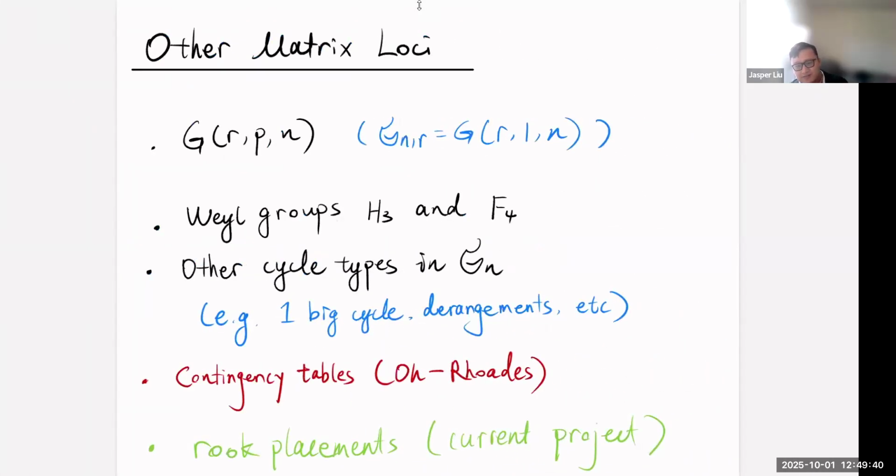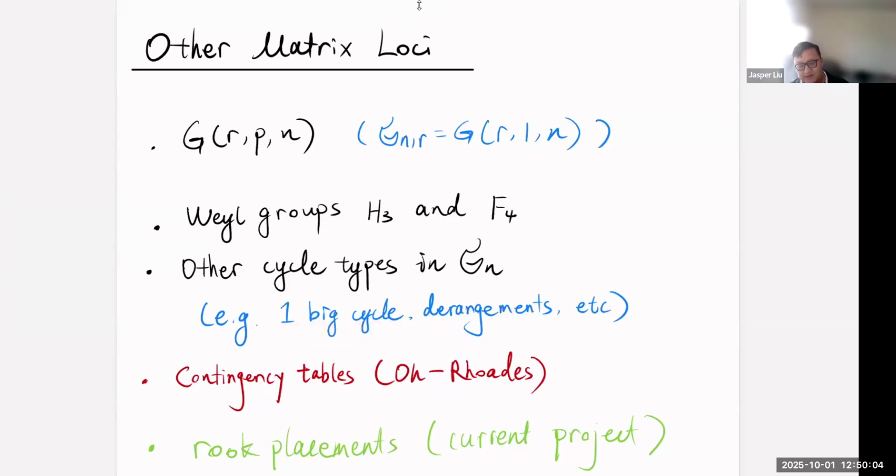And lastly, there are other matrix loci that can be considered. For example, a general complex reflection group, or Weyl groups of specific types, and other cycle types in the symmetric group, including maybe one big cycles or derangements and other stuff.